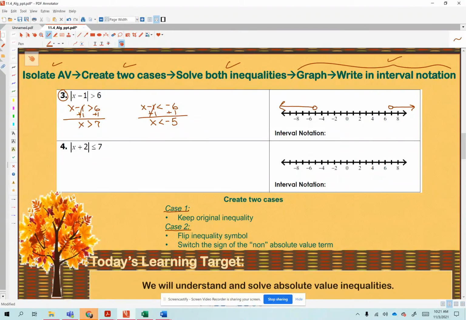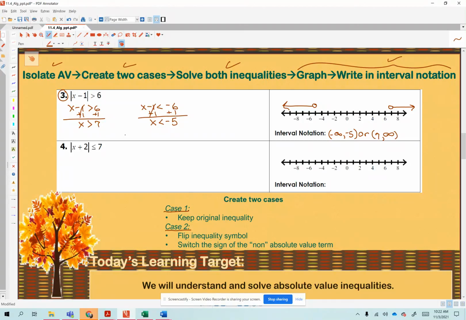In our interval notation, we have -infinity, comma, -5, parenthesis, the word or, parenthesis again, 7, comma, infinity, parenthesis.